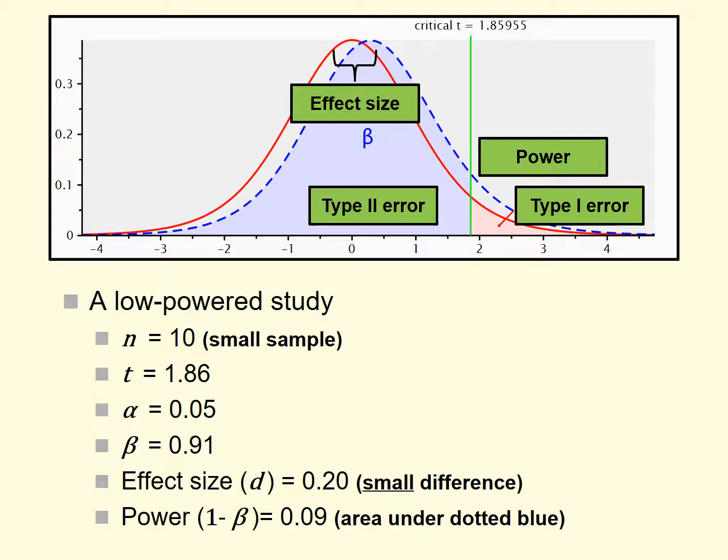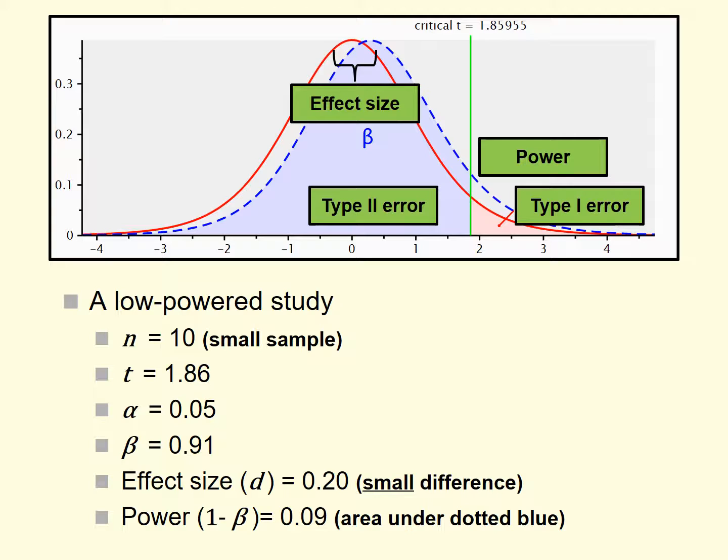Maybe the test statistic you observed was 1.5, and so based on your t-critical value, you chose not to reject the null hypothesis. But unbeknownst to you, there really is a difference between groups in the population, or an effect of the variable in the population. And again, unbeknownst to you, you've indulged in a false negative, or a type 2 error.